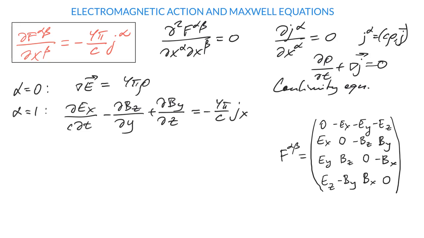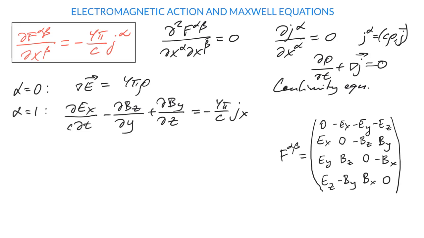The two other components can be written out, but we can guess them by just putting this equation in vector form. So we have the x component of the electric field, the x component of the current, and here we have the x component of the curl of B. Need to be a little careful with the sign.